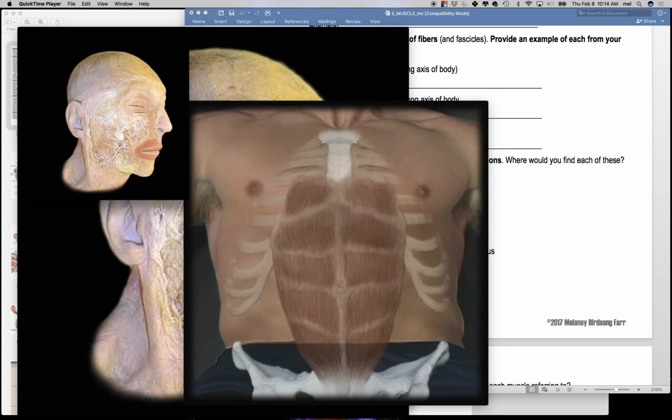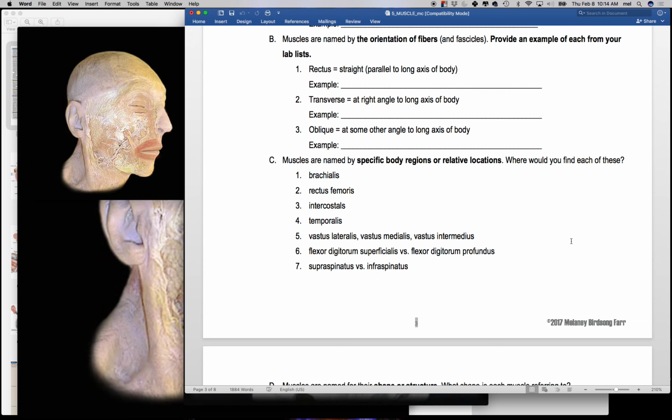Rectus abdominis, rectus femoris, yes, okay, and spelling does count, especially in lab. Okay, so those are your rectus muscles, and then you also have transversus or transverse muscles. You haven't learned it yet, but maybe some of you know. Do you know a muscle that's a transversus?